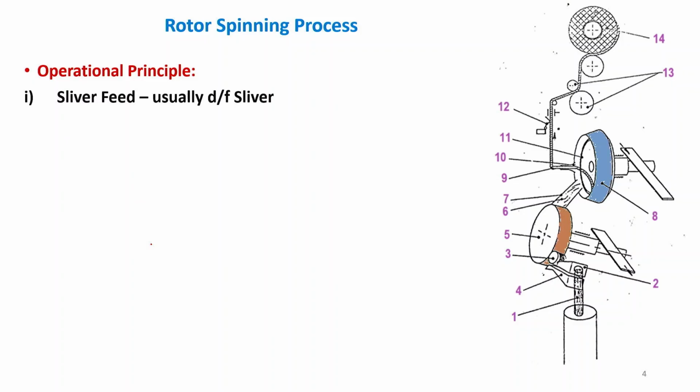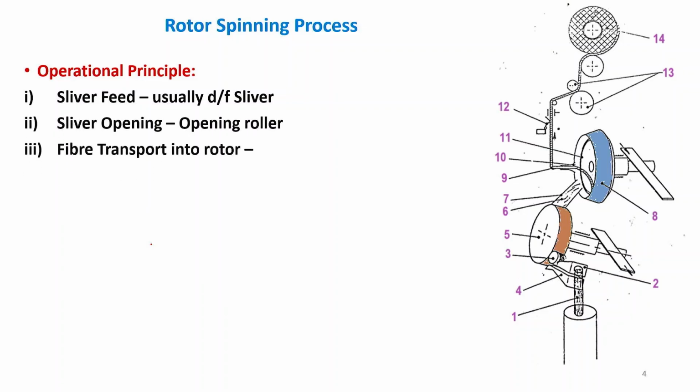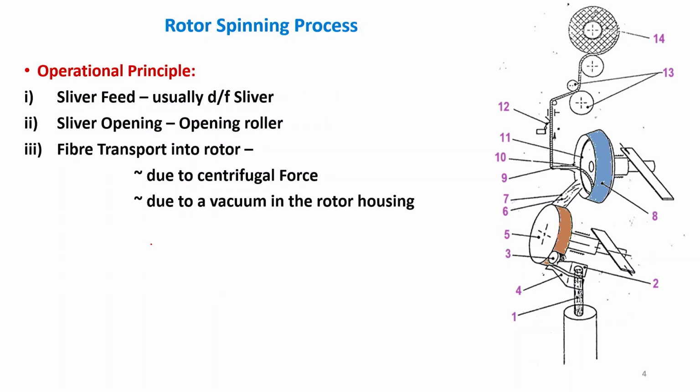The operating principle is that the sliver, usually from the draw frame, is fed, and then sliver opening takes place in the opening roller. The fiber is transported to the rotor groove by the transport channel, due to the centrifugal force created in the rotor and due to vacuum.